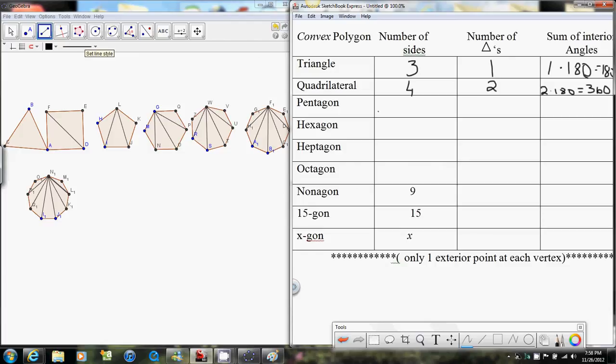And then the pentagon has 5 sides. I was able to create 1, 2, 3 triangles. And so the sum of the interior angles would be 3 times 180, or 540.